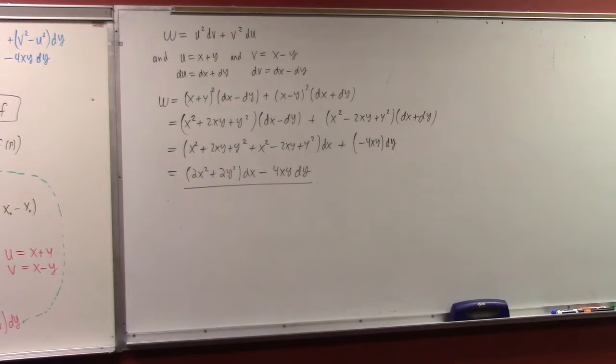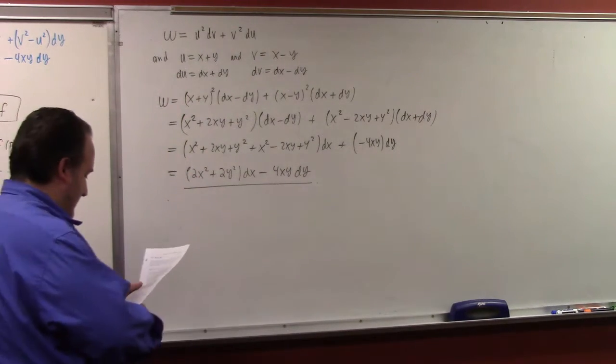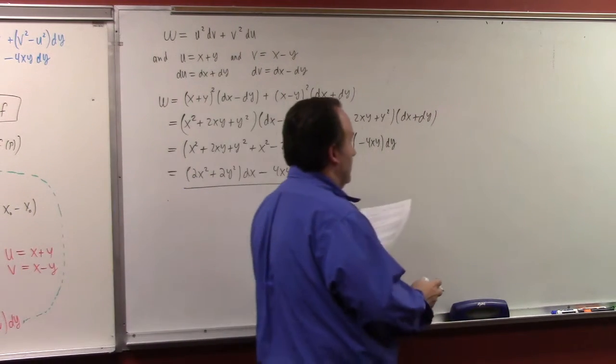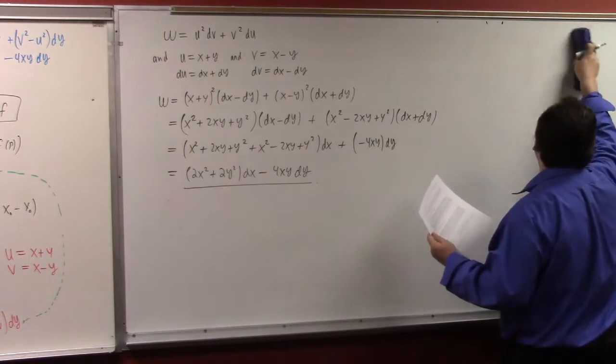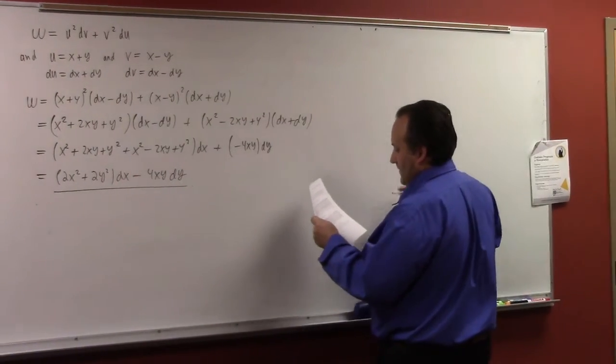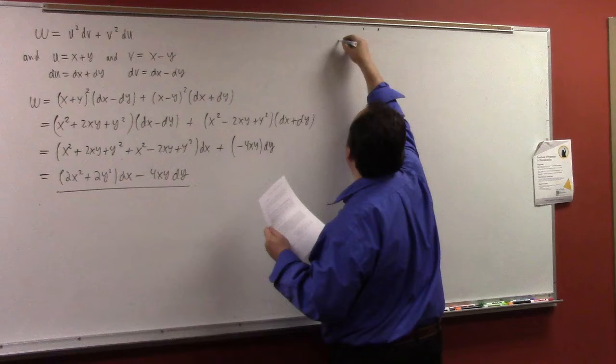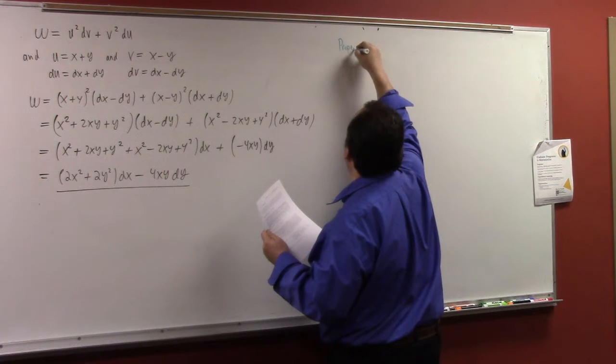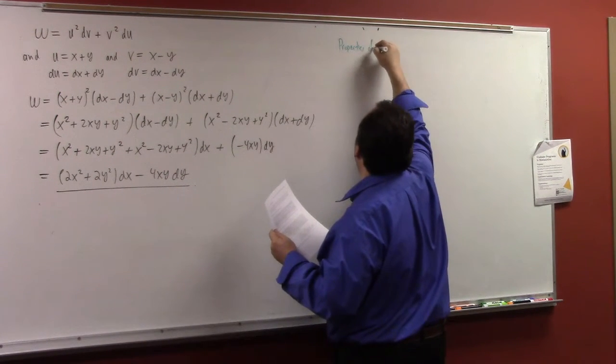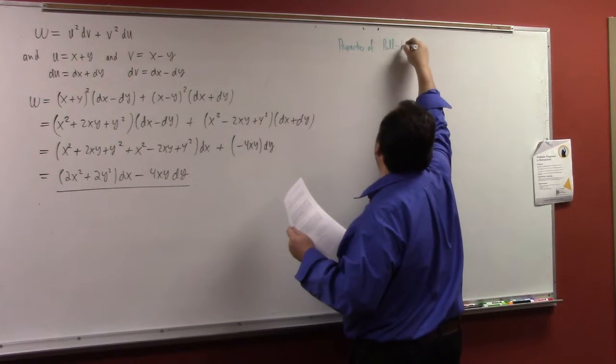The careful statement of the calculational hubris I just made is this. So this is properties of the pullback.